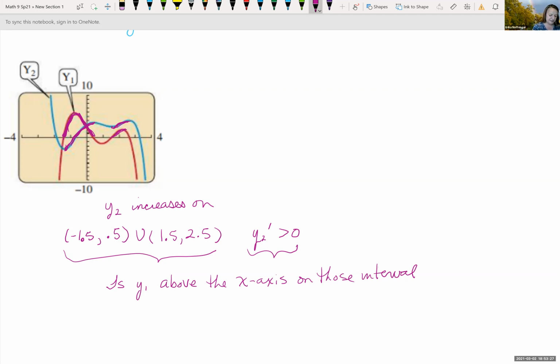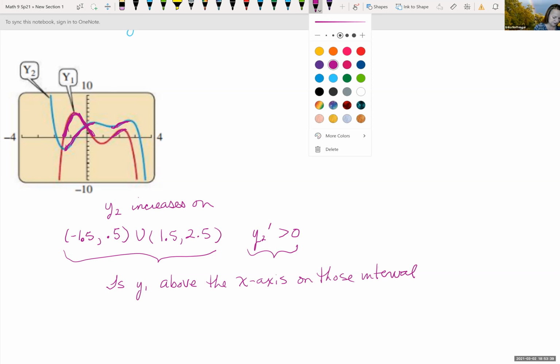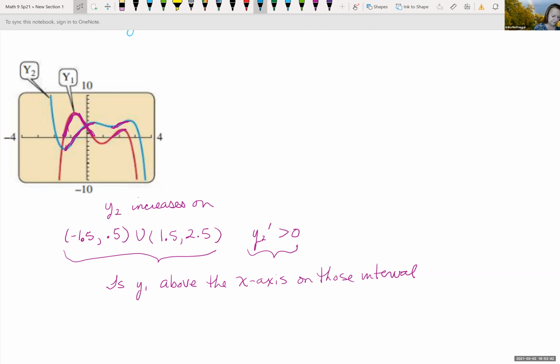If I look at decreasing, where is y sub 2 decreasing? It's coming down until I hit that negative 1.5, so from negative infinity to negative 1.5. Is the graph of the other function below the x-axis then?